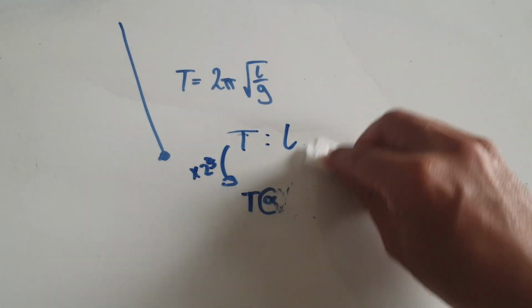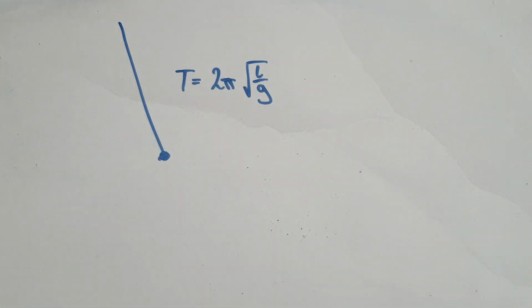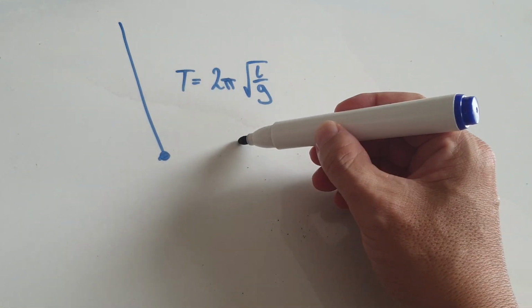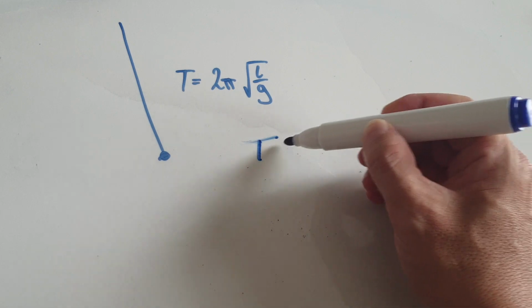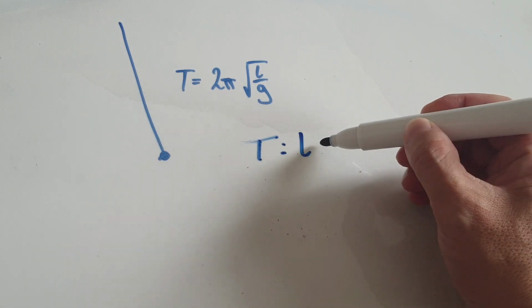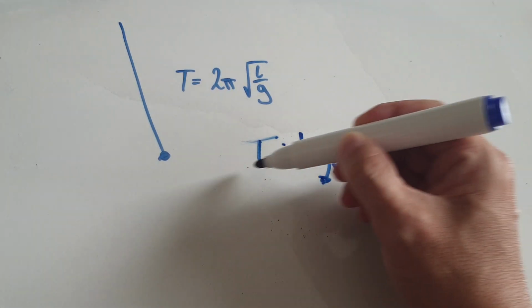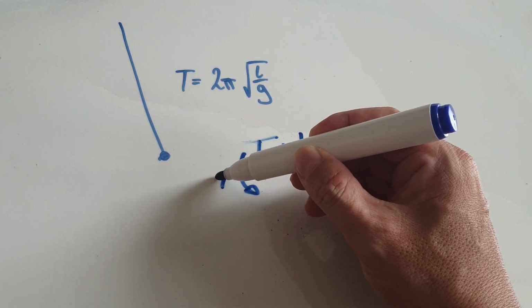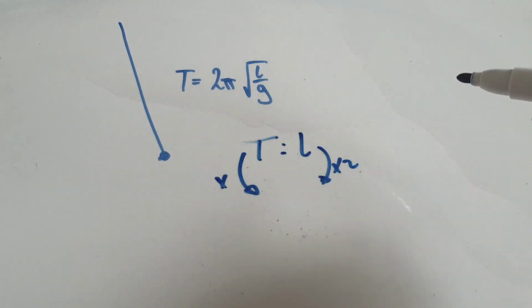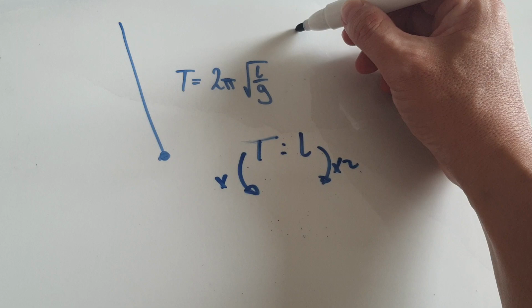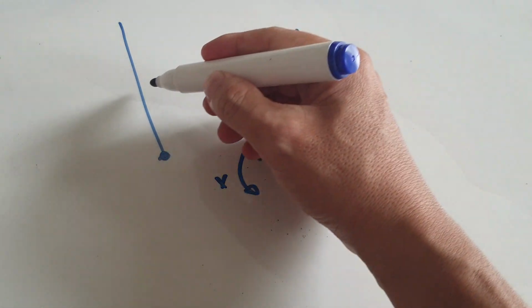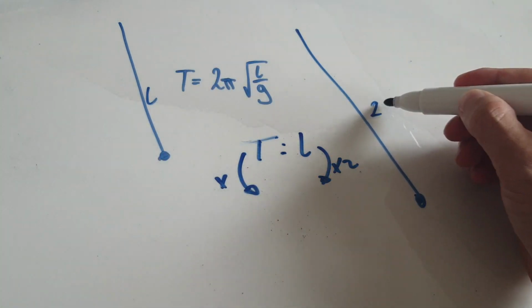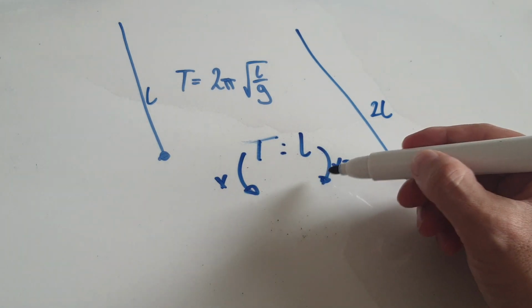So to do this, let's see what happens when we double the length of the string. So the time it takes to do one swing, if we double the length of the string, what happens to the time it takes to do one swing? We need to establish this. So set up two pendulums, one of length L and the other one of length 2L, because we're doubling the length.